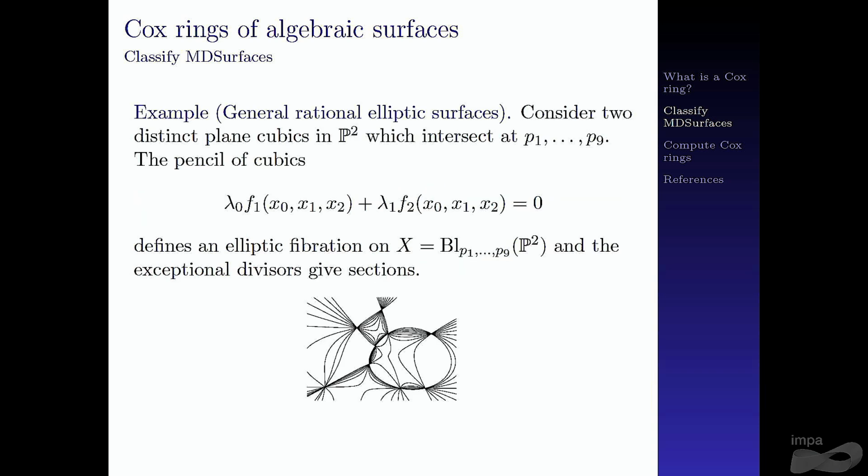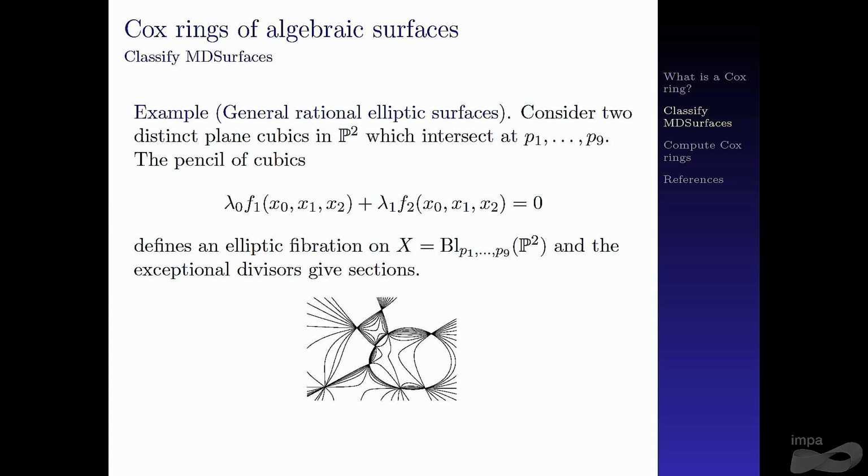Let me give you an example where things go badly. Just take, for example, two plane cubics. You can assume that they intersect at 9 distinct points. F1, F2 are the equations of these cubics. Take the pencil generated by those. Probably you have already seen many times that this defines an elliptic fibration on the blow-up of P2 at these 9 points.